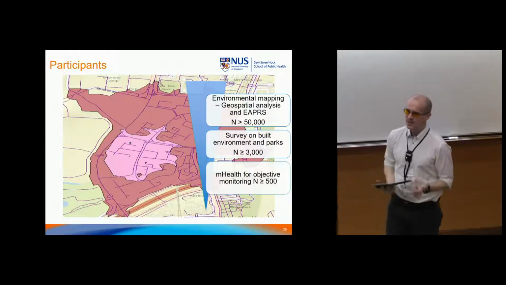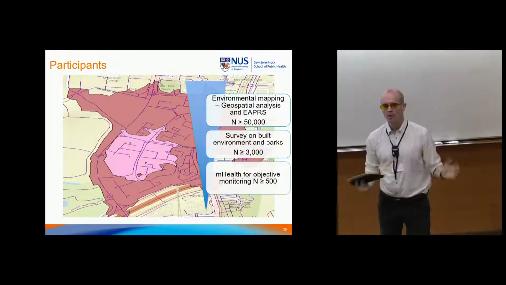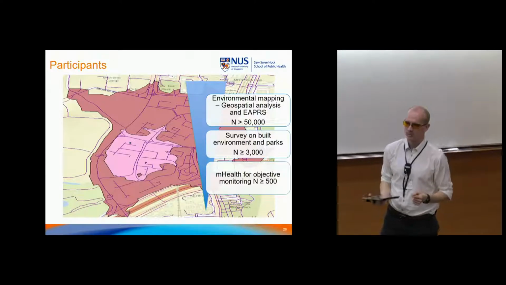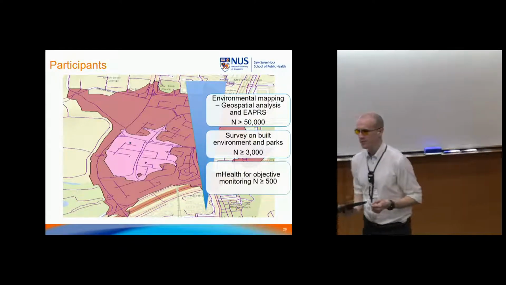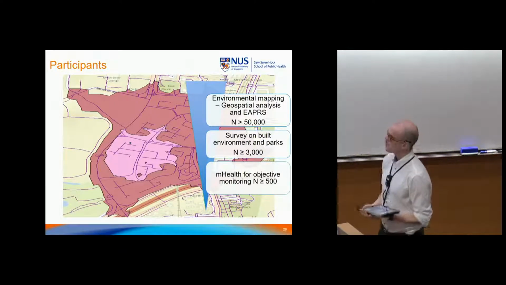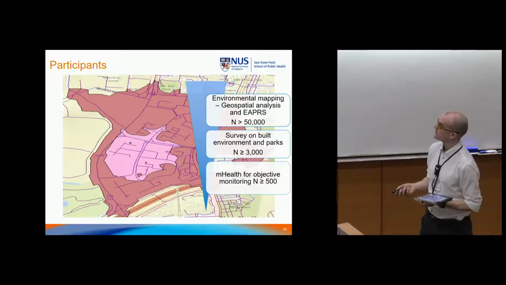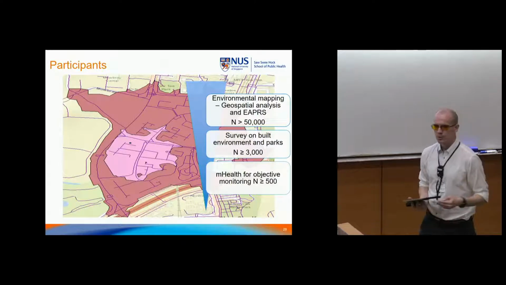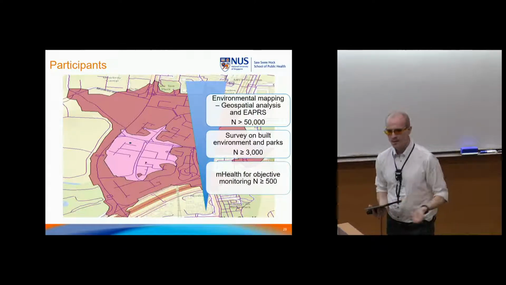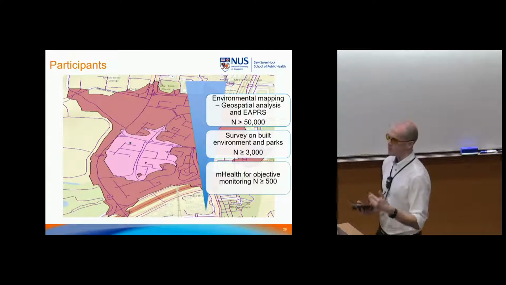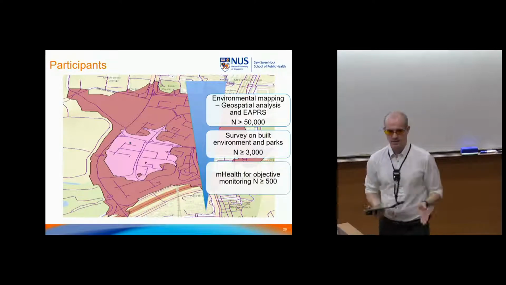We have the geospatial analysis, which we conduct on all of our schools cohort participants, or at least most of them, more than 50,000 participants, where we have postal code data and where we can apply this analysis. The survey, work package 2, is conducted on about 3,000 participants, where we try to look in more depth into the interaction with the environment.